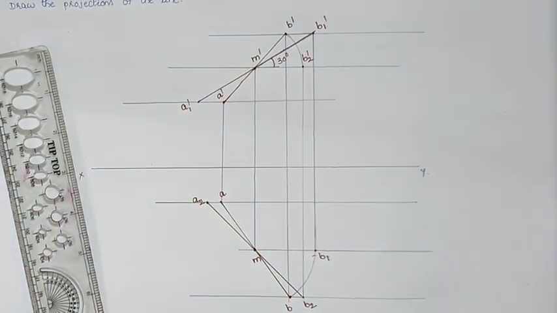When you join A dash and A and B dash and B, the points should be on one line; only then is the problem correct. If B dash and B are not in one line, we can make some error in the diagram and we can observe that error. If A dash A and B dash B are each on one line, we can say that the problem is clearly correct.